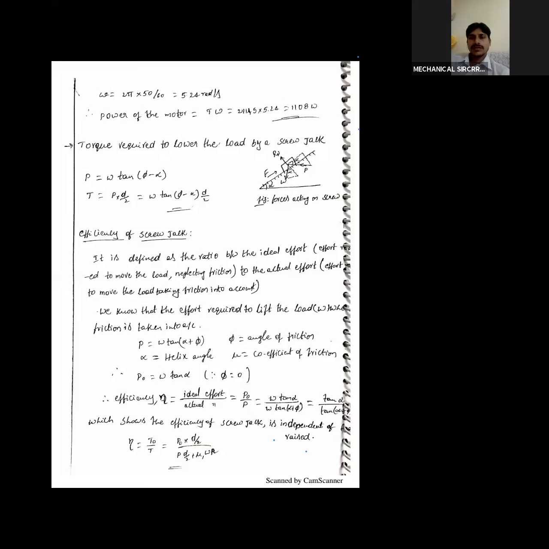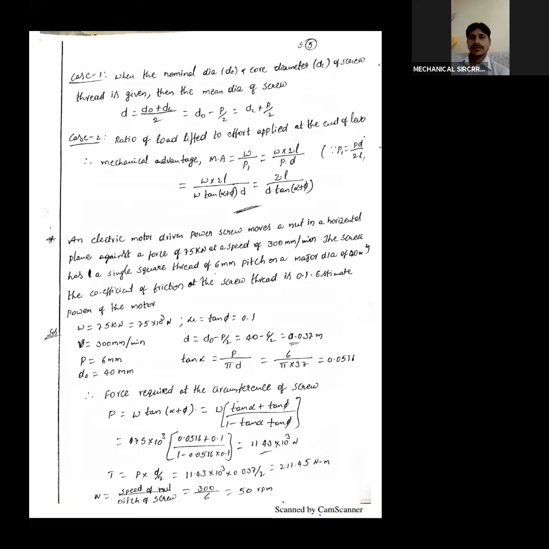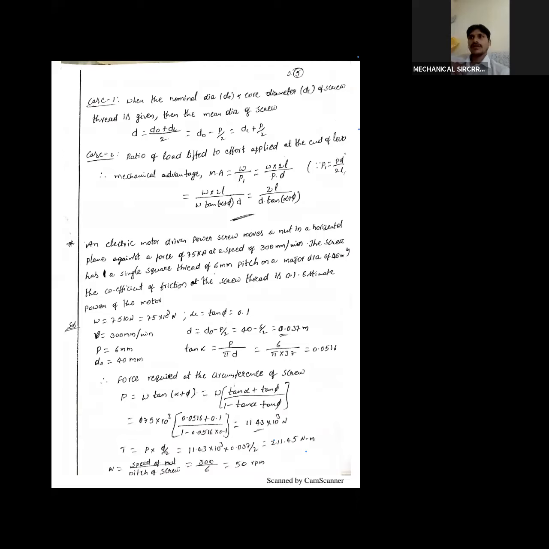Now all of you should maintain notebooks, it is very, very important. Why? Because our whole subject is going on with the derivation part and the problem part. When you work through both the problem part and the derivation part, only then is it possible to understand the particular topics easily.